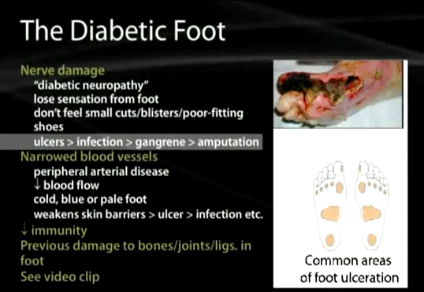This can oftentimes lead to gangrene, is a major cause of amputation, and you can see some of those high pressure points when people are walking and don't have very good sensation to their feet.